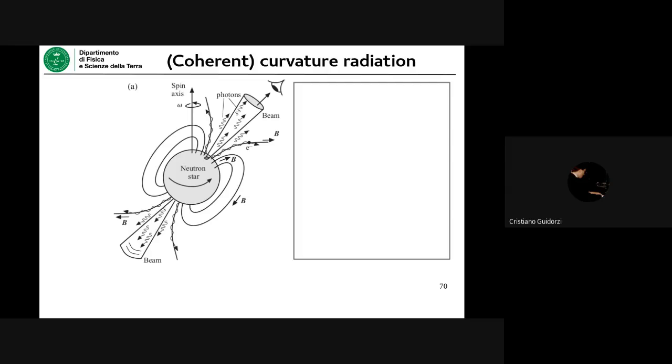The simplest possible structure for a magnetic field is just a dipole structure. But that's not the point. So let's focus on the magnetic field lines here close to the surface, okay? You see that these magnetic field lines are somehow bent.